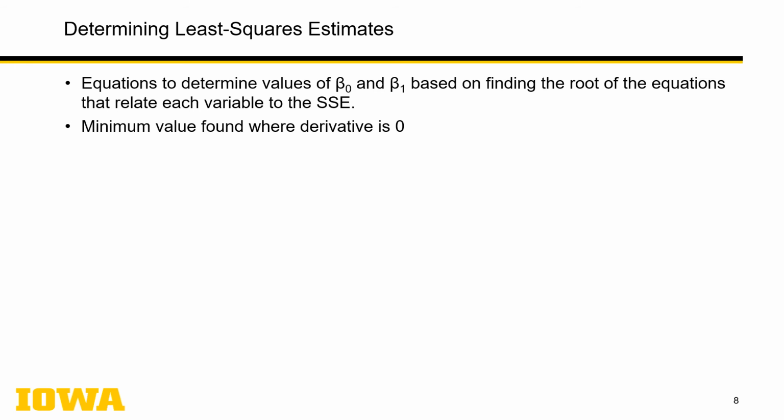So what does all that mean? If you chose a particular value of beta 1, say right here, and you then applied it to that equation to determine a line, you'll get the differences, you sum them all up and you square them, you may end up with a point right here in terms of the value of the SSE.